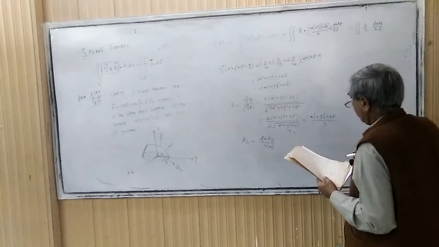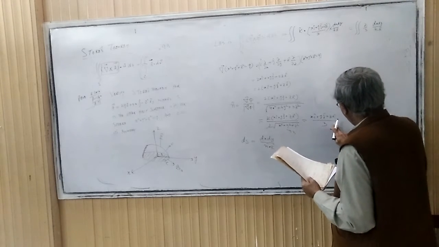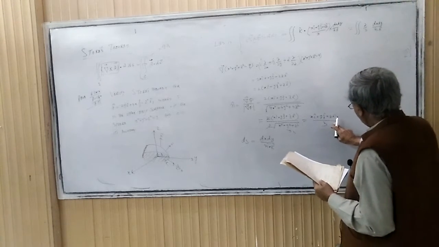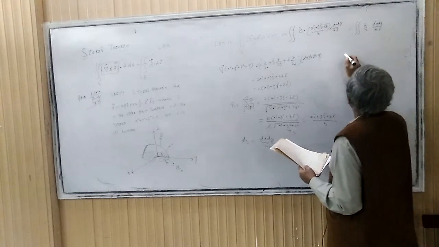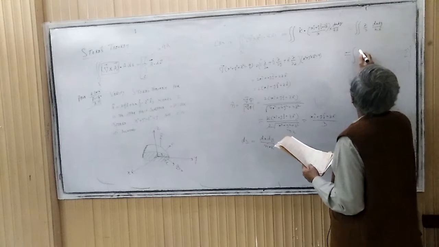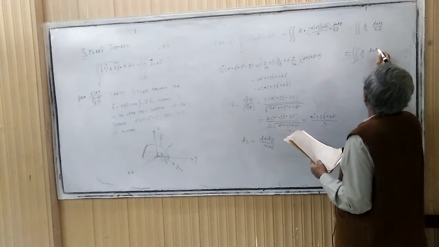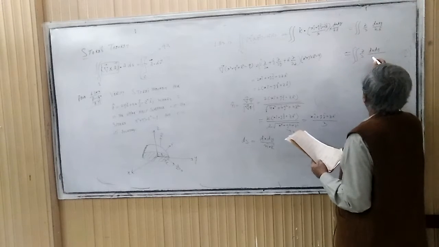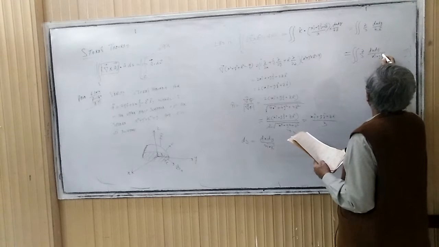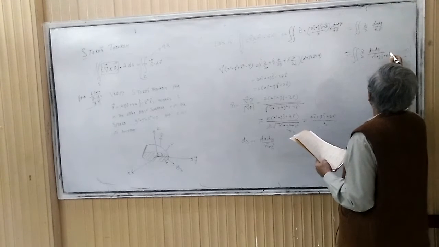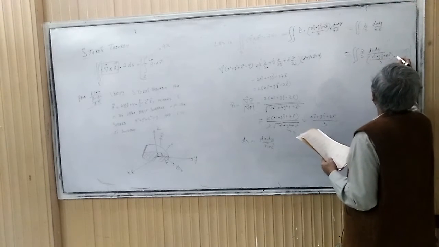Now n dot k means xi plus yj plus zk divided by 3, dot k.